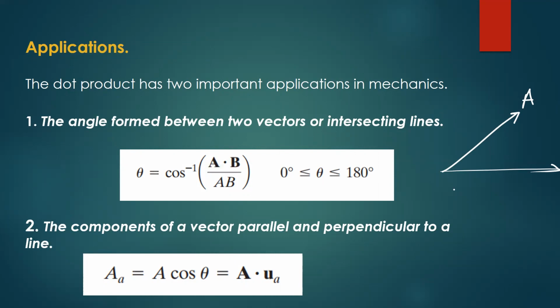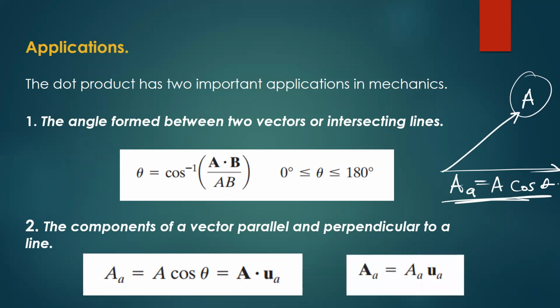The projection of this vector along this axis is going to be given by vector A subscript A, and this is going to be the magnitude of A cos theta. So this is how we find the projection. I'm sure we're going to understand this when we do the exercises that we have.